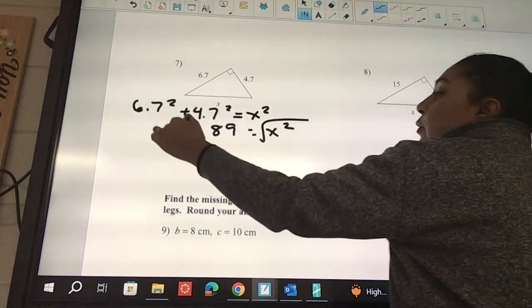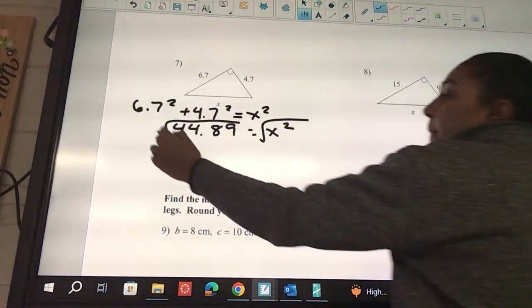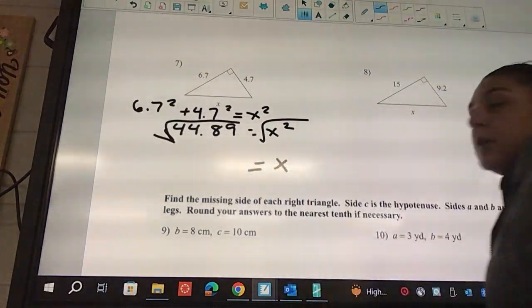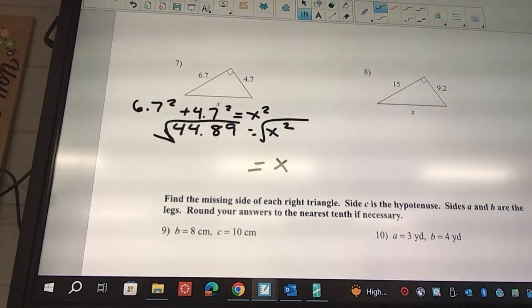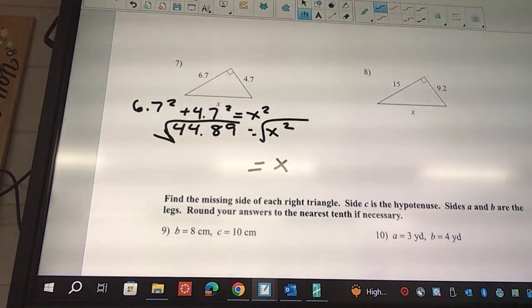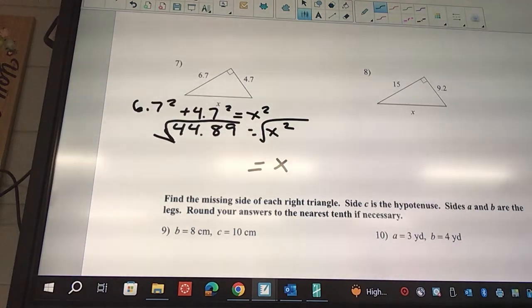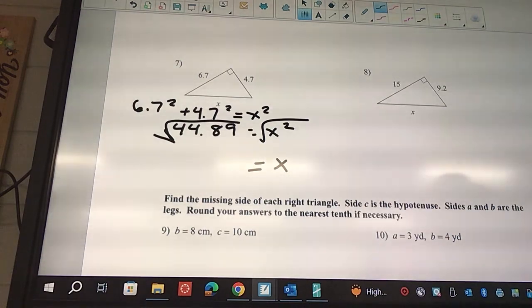Then we're going to square root both sides. What is the square root of 44.89? 6.7.